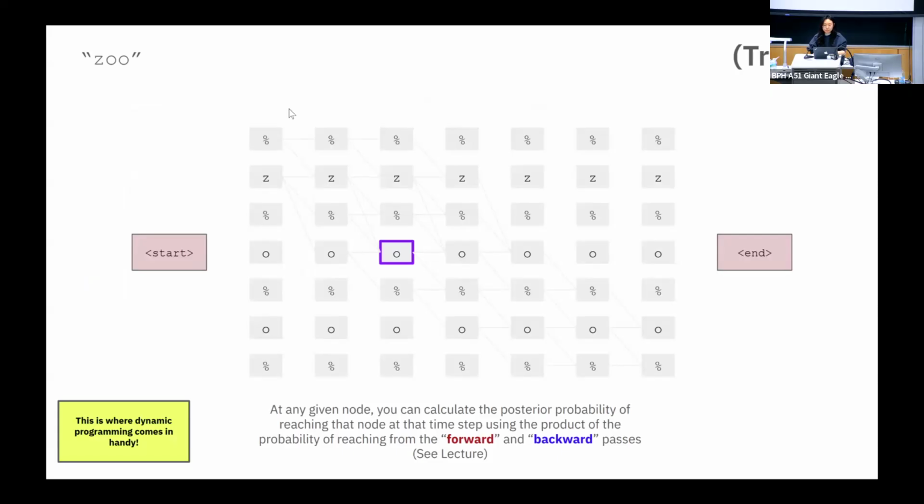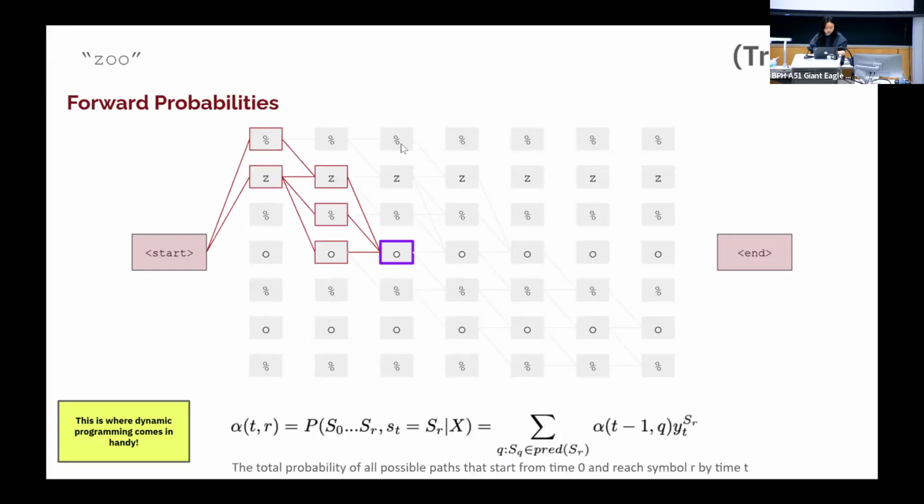To calculate the posterior probability means to find the probability of all valid paths through a certain point. Let's say the certain point is here, time step 3, and the symbol is O. Let's first calculate the forward probability.